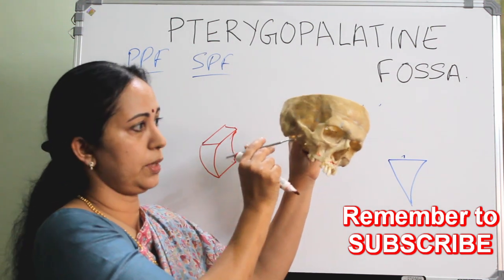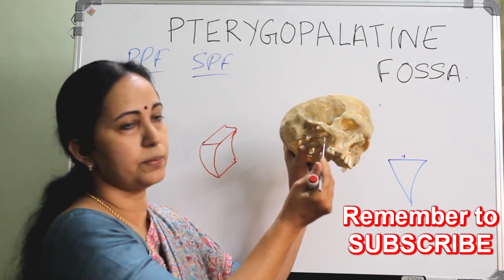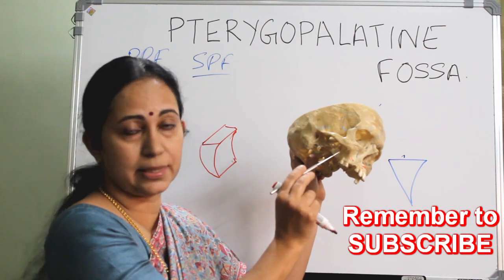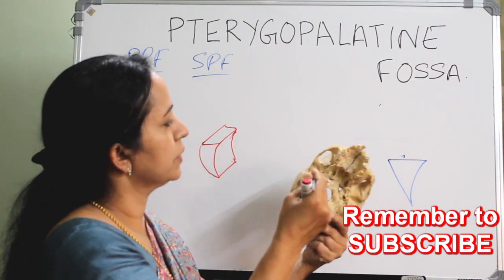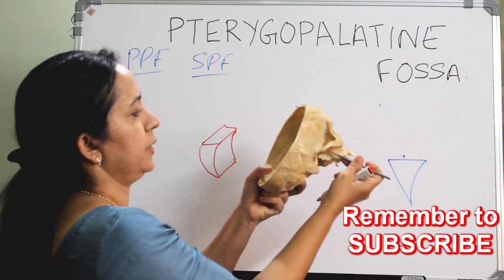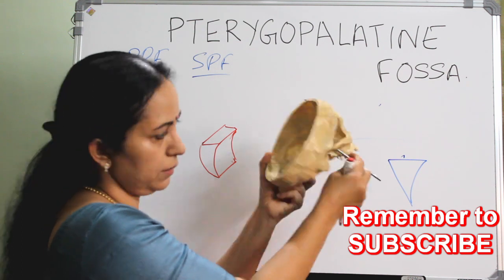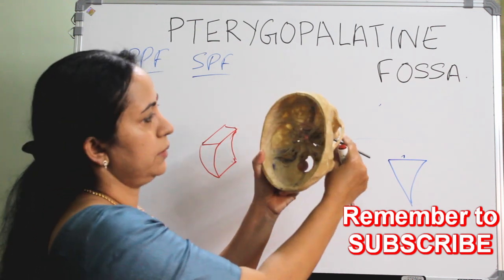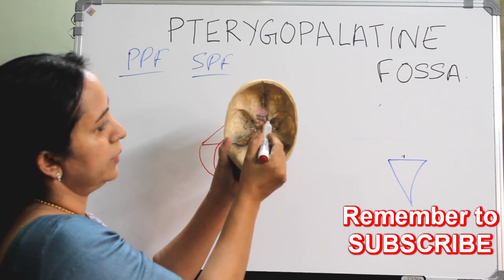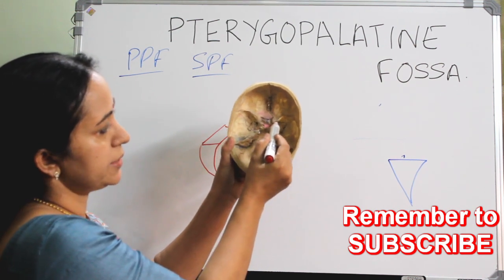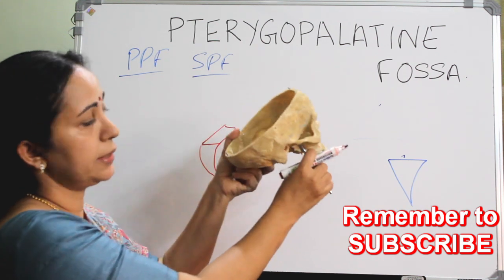So anteriorly comes the maxilla, and superiorly what is there? Here you can see this is the sphenoid, body of sphenoid, greater wing of sphenoid, then the middle cranial fossa. So these are the superior relations.